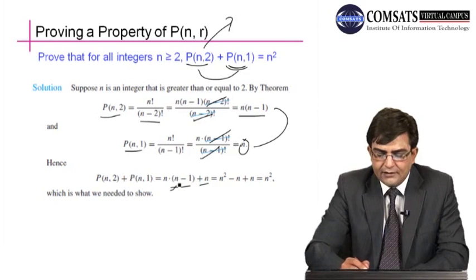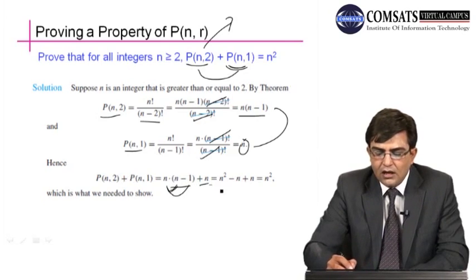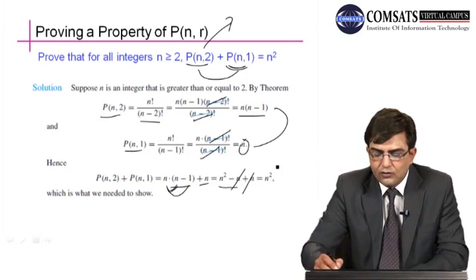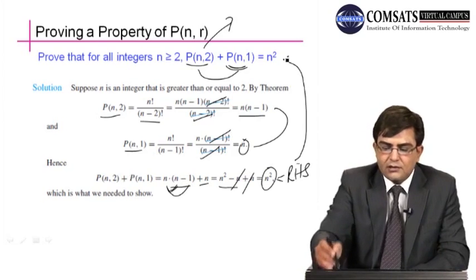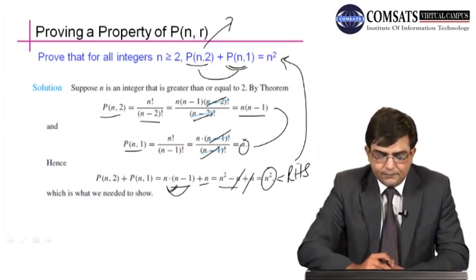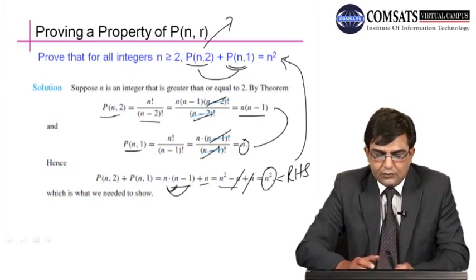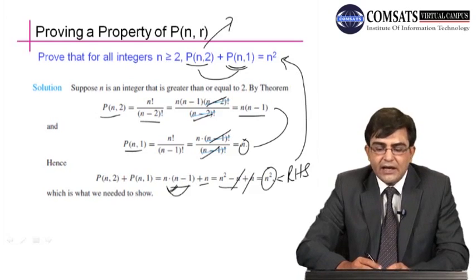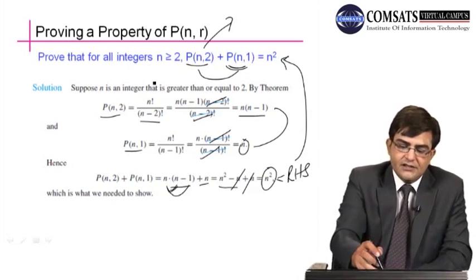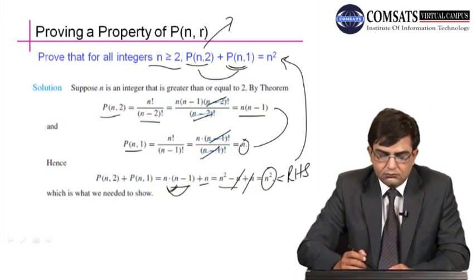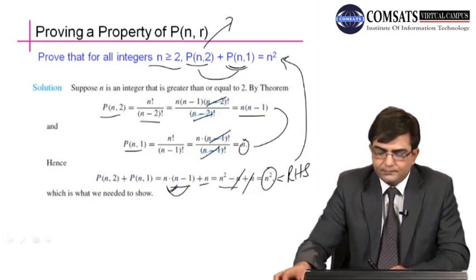If we multiply it inside, we get n square minus n plus n. The n cancels out with the minus n, and we get n square, which is the right hand side of this equation, as we needed to show. So this is how we can prove any property of P and R for any integers n greater than or equal to 2.